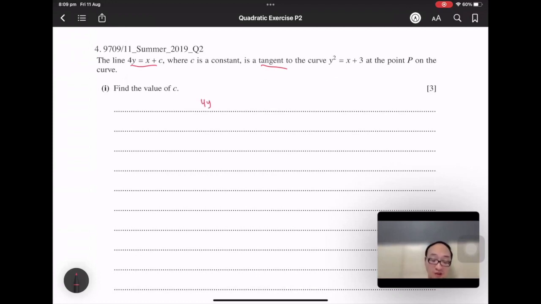For y equals x plus c, that means x equals y minus c. And then I can put it into the curve. So y squared equals x plus 3, and then I replace x: y squared equals 4y minus c plus 3.